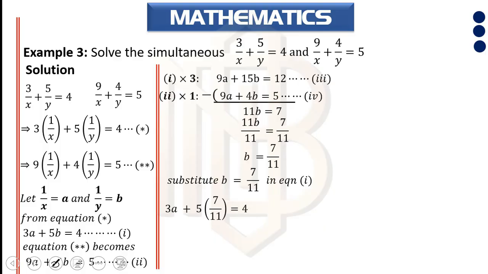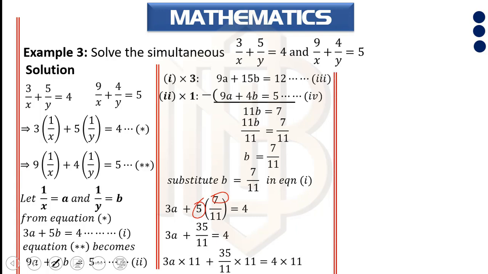Okay, so now for equation 1, it gives us this, and if you evaluate further, of course, 5 times 7 will give you 35. Okay, which you're going to have this, and from there we multiply through by 11 to just eliminate fraction from the equation, which is going to give us this.